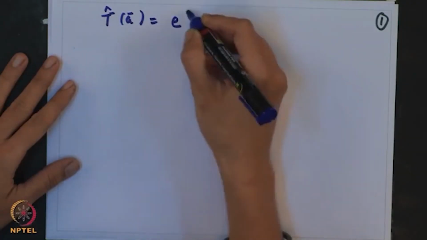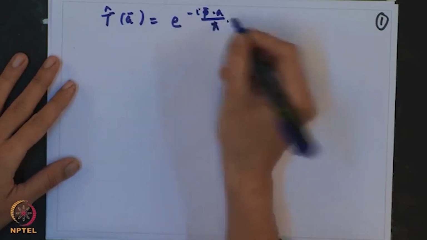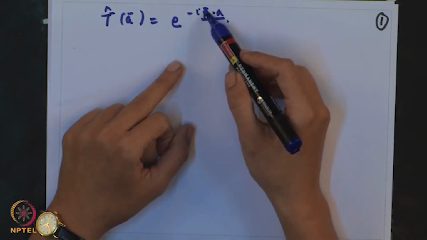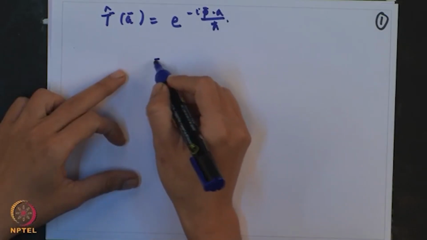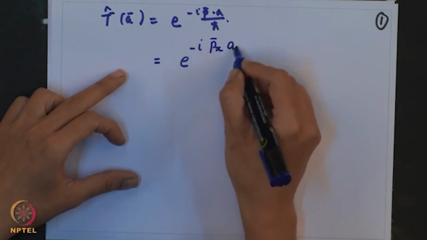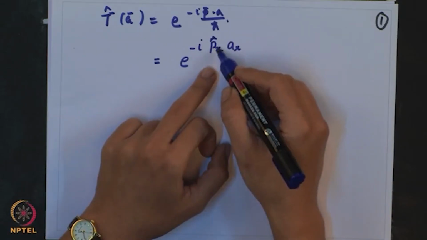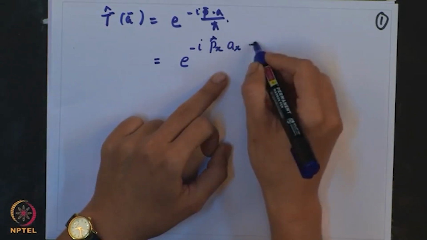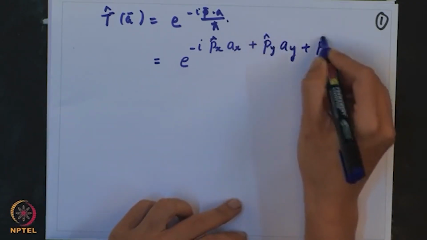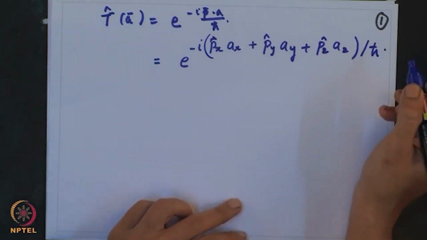is exponential minus i p dot a upon h cross, where p is the momentum operator in 3 dimensions. So, we can write this as e raised to minus i (px ax plus py ay plus pz az) upon h cross.